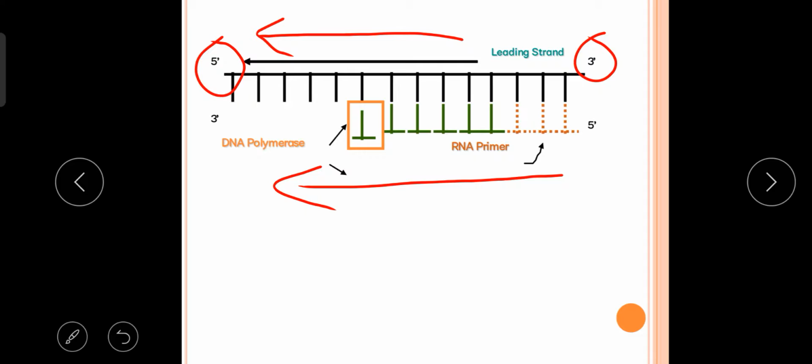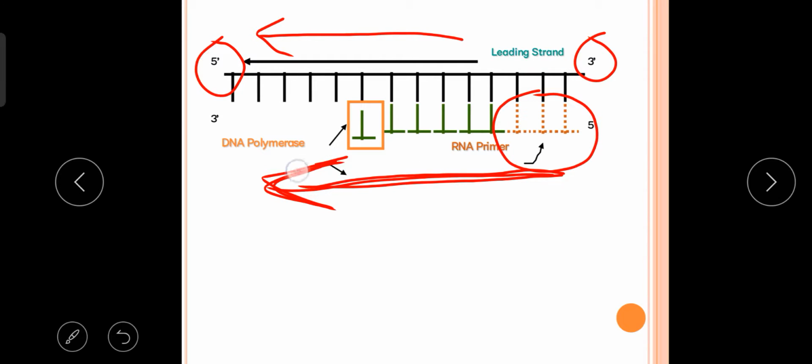In this new strand, first the RNA primer is formed. Always in the newly synthesized strand, the RNA primer is formed at the 5 prime end, and the DNA polymerase binds to the RNA primer and progressively polymerizes the nucleotide sequences one by one, and this way the chain elongates in this direction.